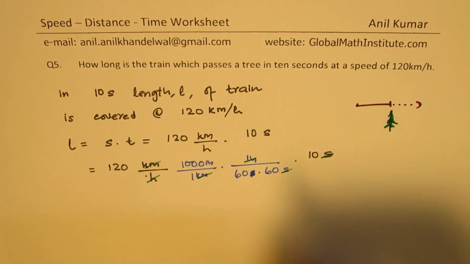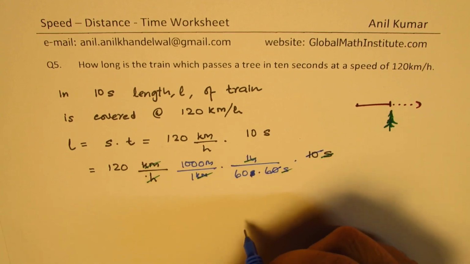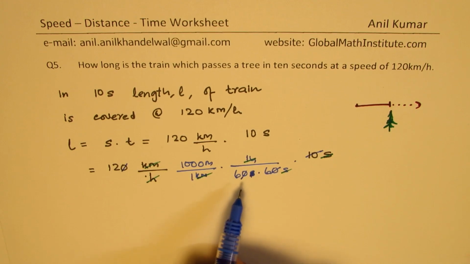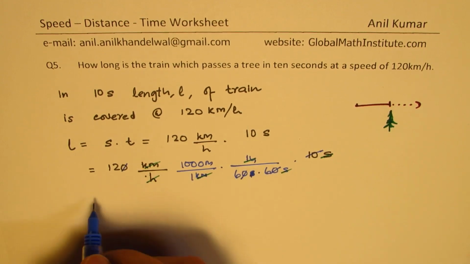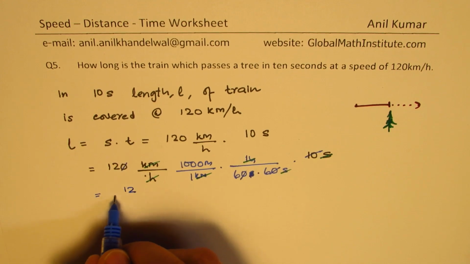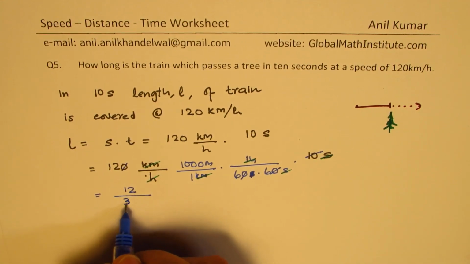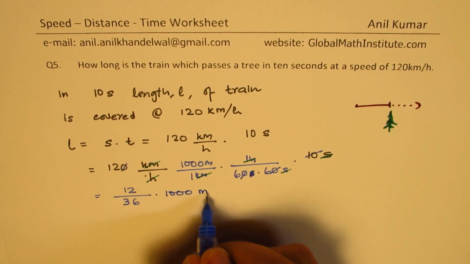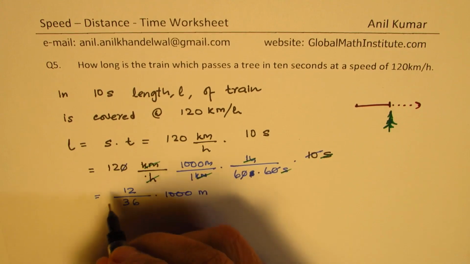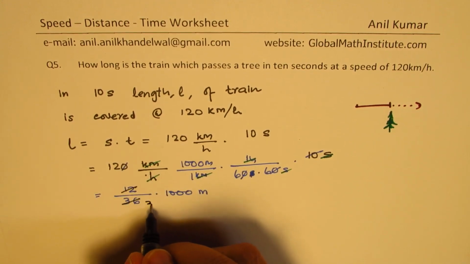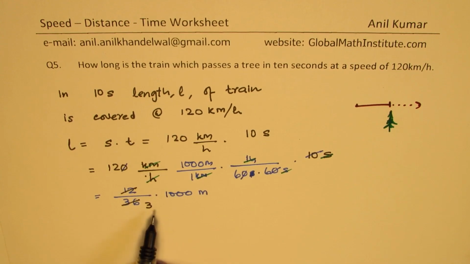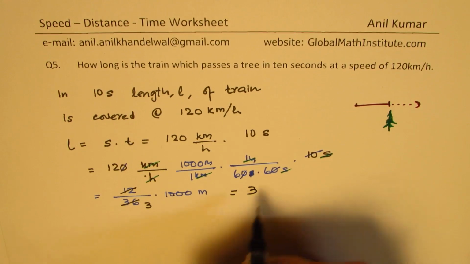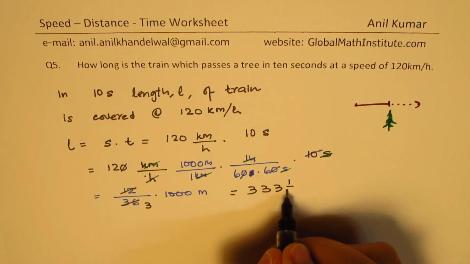Now let's look into simplification. So this 10 goes with 10, the other 0 goes with this. And what we have here is 12 over 6 times 6, which is 36, times 1000 meters, right? So 12 goes 3 times, right? Now dividing 1000 by 3, we get 333 and 1 over 3 meters.